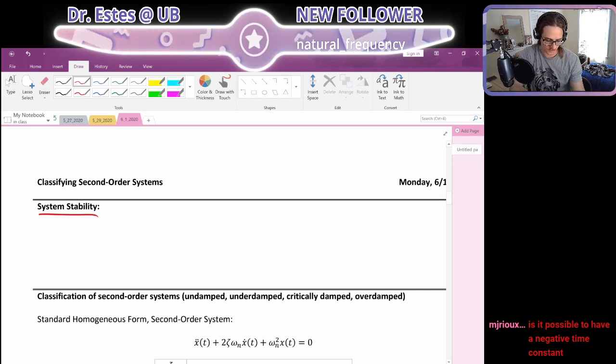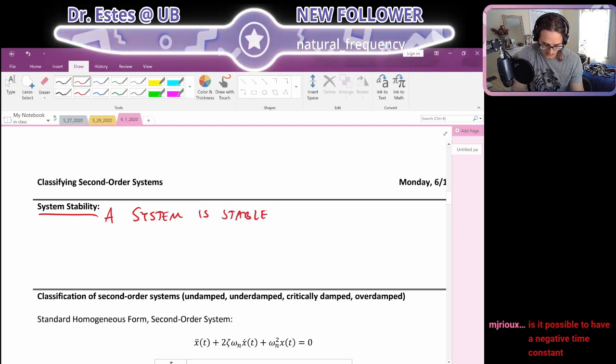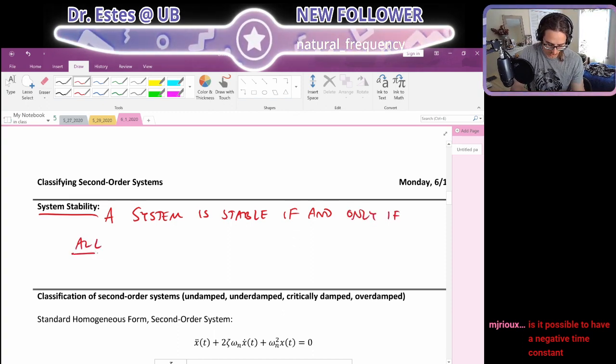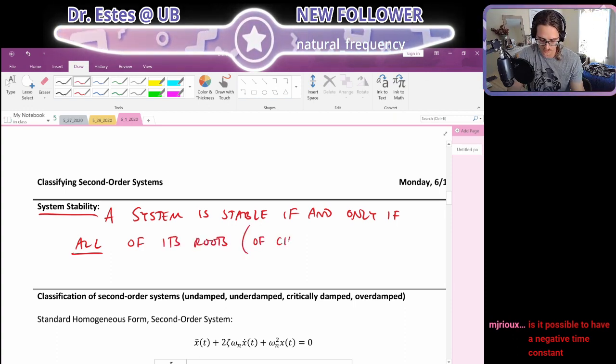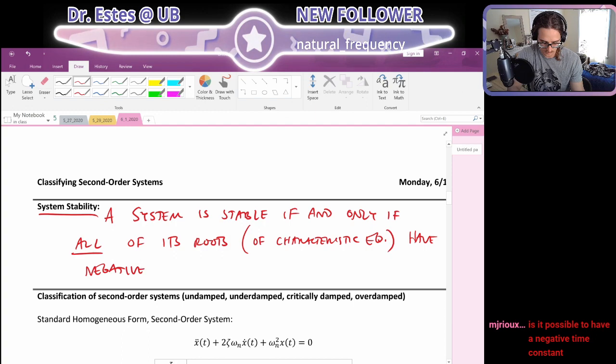Okay, here we go. A system is stable if and only if all of its roots, and I'm talking about the roots of its characteristic equation, have negative real parts.